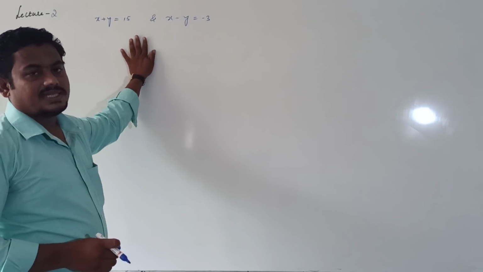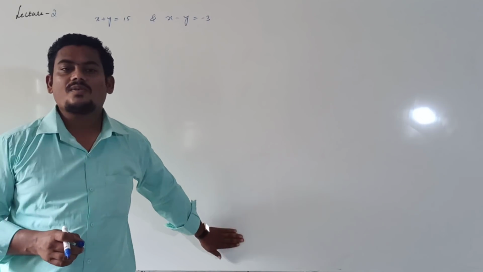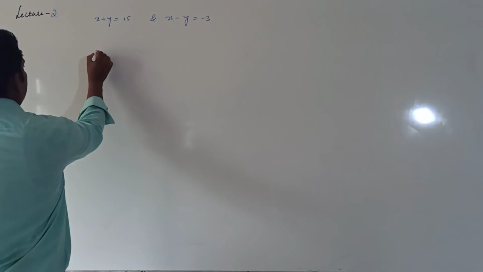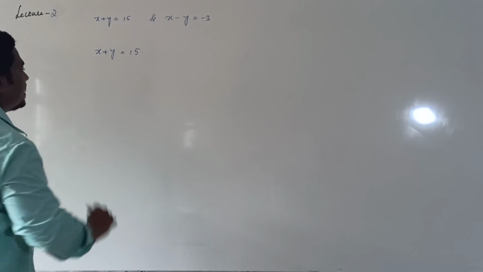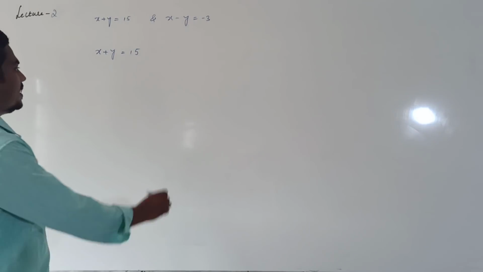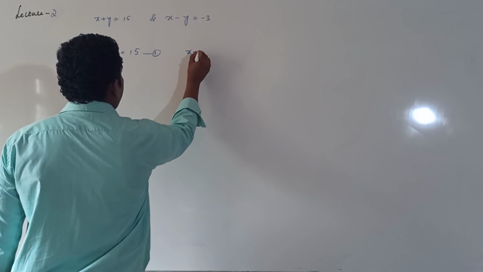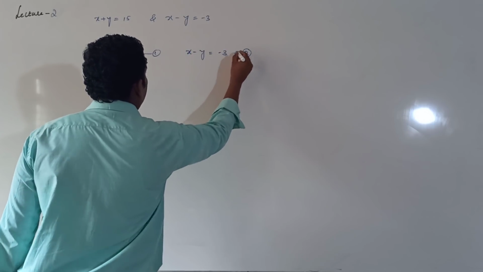Solve these two equations by substitution method, means find the value of x and y. x plus y is equal to 15, take it as equation number 1. And x minus y is equal to minus 3, take it as equation number 2.